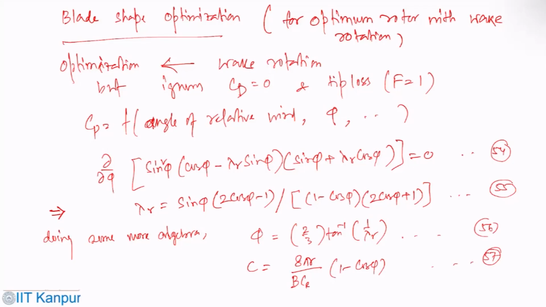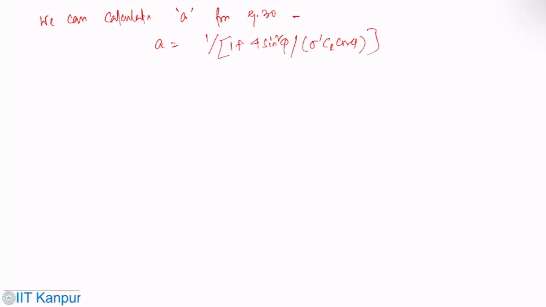And also we can calculate A from equation 30 and other relevant equations, which is 1 divided by 1 plus 4 sine square phi by sigma prime CL cos phi.